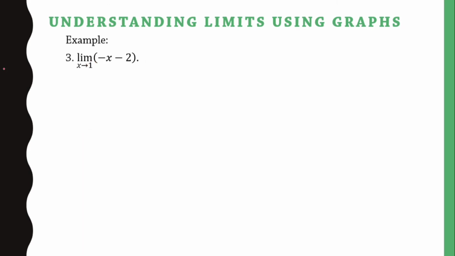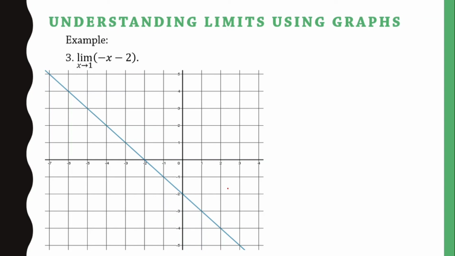Next, we're going to find the limit of negative x minus 2 as x approaches positive 1. Now, we look for positive 1 on the x-axis. So this is positive 1. As x approaches positive 1 from the right and from the left, what value of y does this approach?